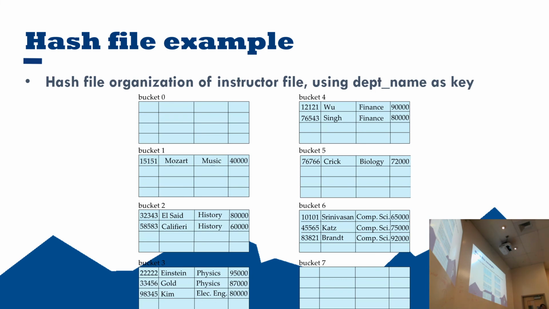Ron, why do you say it does not make sense too? So we're hashing the department name, and we're using that as the key, as opposed to the actual department name as the key.